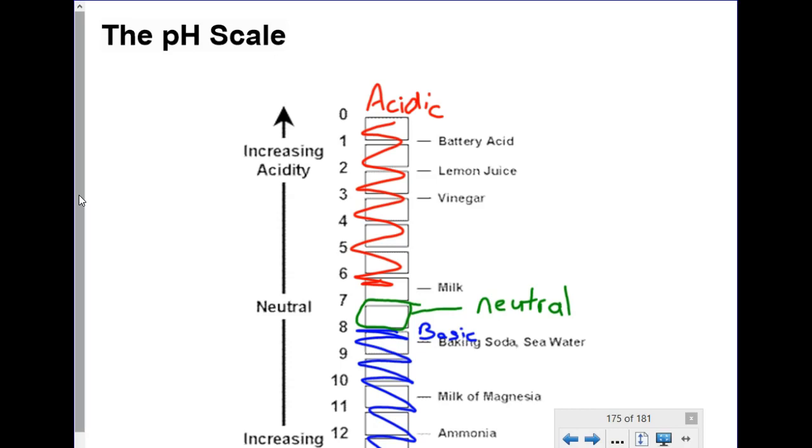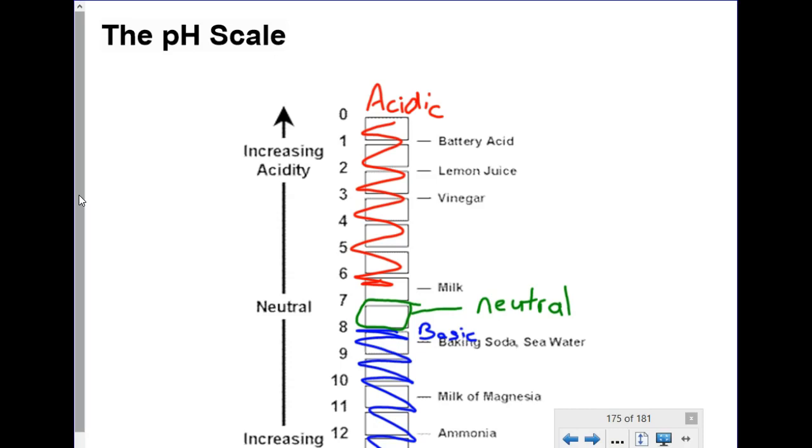Milk is a little bit acidic, but it can depend on how close it is to the expiration date. Have you ever accidentally drank milk that's turned? Yeah. It's pretty sour, it's pretty gross. It's more acidic than a pH of approximately 6.5.